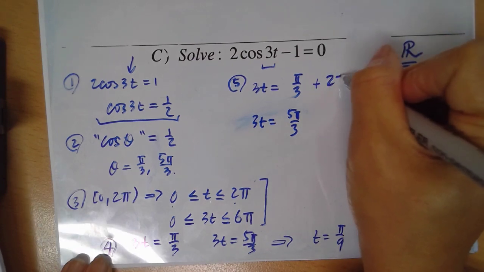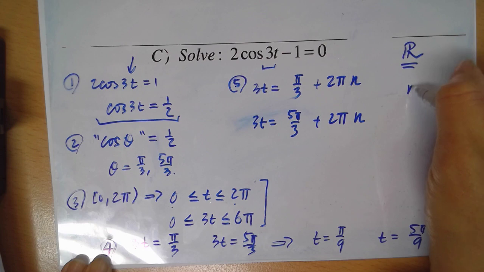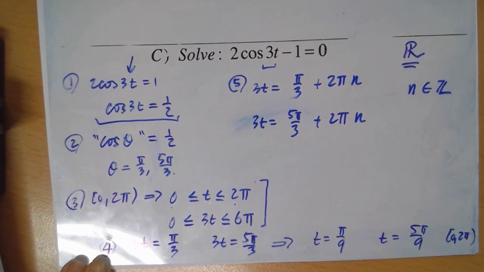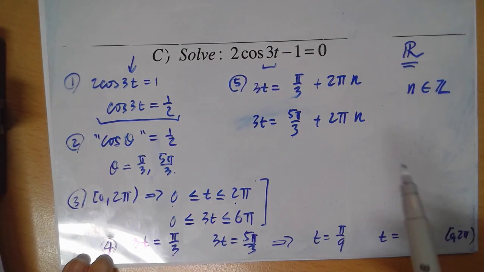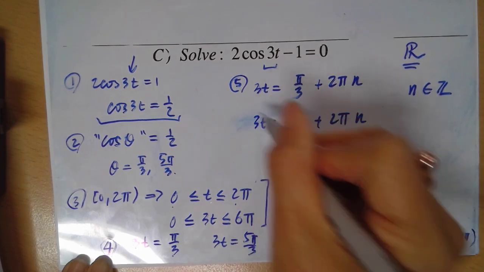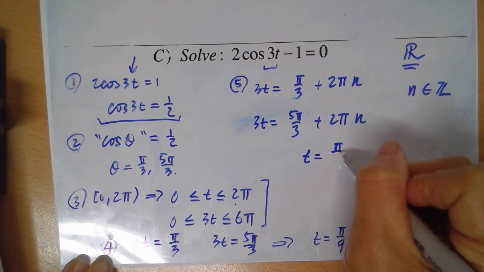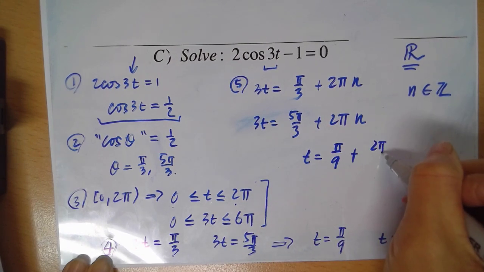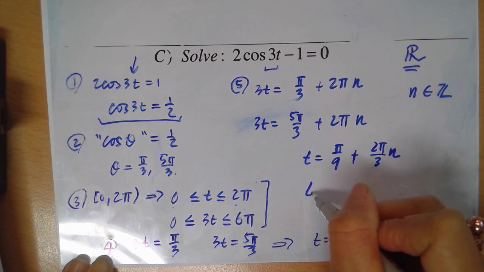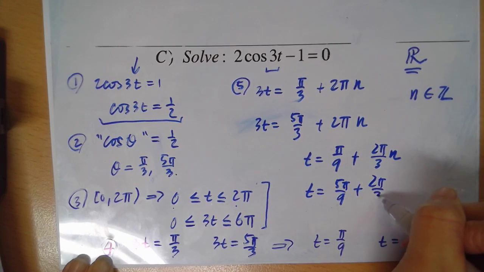Again, it happens every 2 pi, where n is all integers. That means we have to divide everything by 3 here. So for the first case, we get t is equal to pi over 9 plus 2 pi over 3 n, and t is equal to 5 pi over 9 plus 2 pi over 3 n.